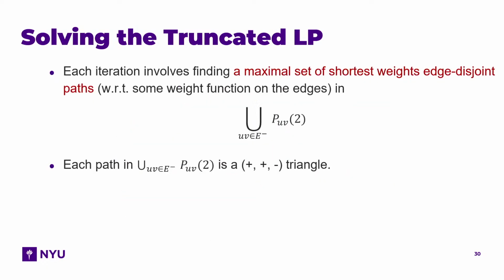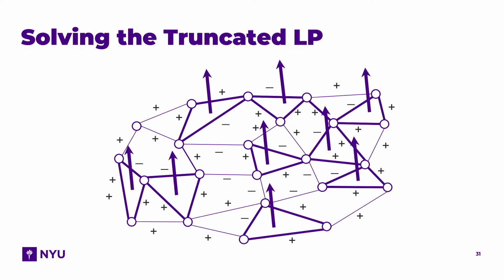And then each round, we need to figure out a lot of disjoint triangles to assign. I'm not going to talk about the details, but intuitively, we assign a weight to the edges, and then we figure out a maximum set of disjoint triangles. So we want to find the shortest path triangles. There might be a lot.